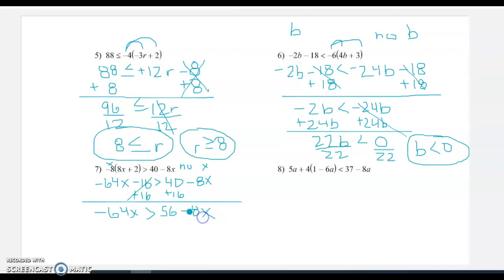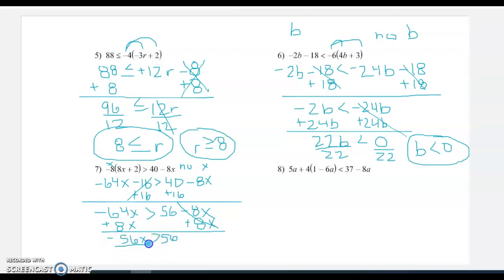So then I'm, whoa, big X. So then I'm looking on the no x side. I've got to move the minus 8x. So to move a minus 8x, I would add 8x. If I add 8x on the right, I have to add 8x on the left. Cancel and clean. So negative 64x plus 8x is negative 56x, greater than 56.